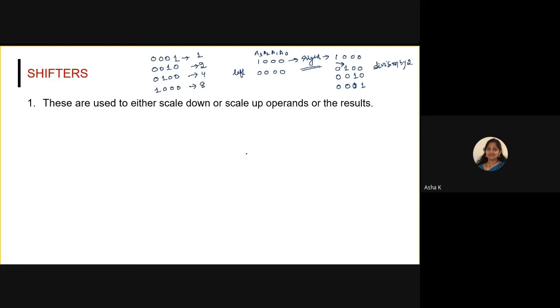Here, the left shift operation is nothing but multiplication by 2, and the right shift operation is performing the division operation. So shifters are basically used to either scale down or scale up the operands or the results.